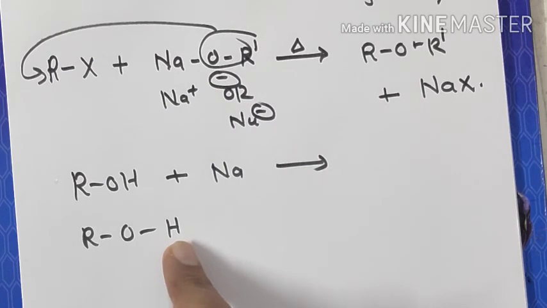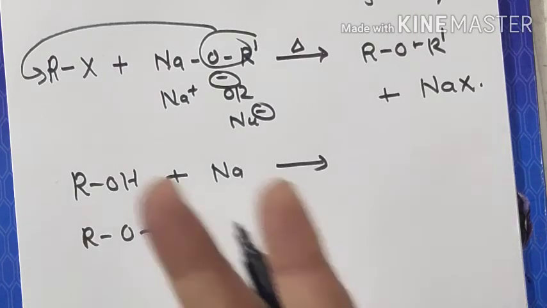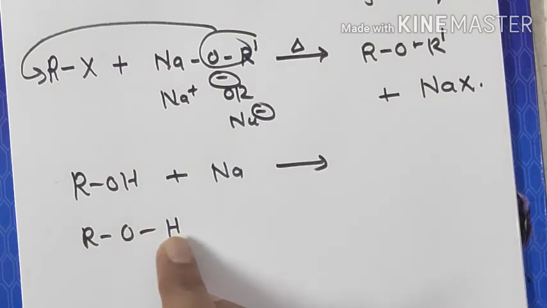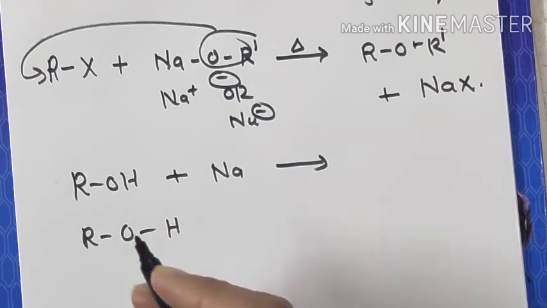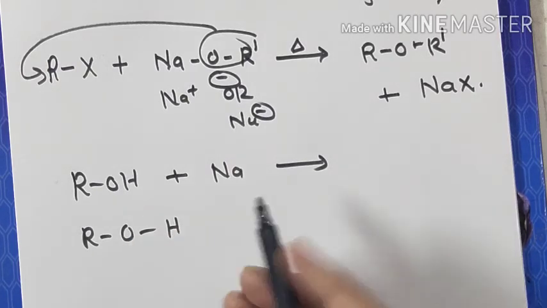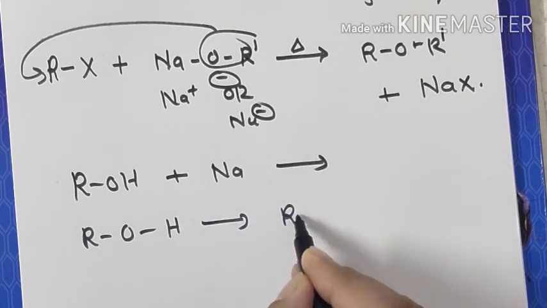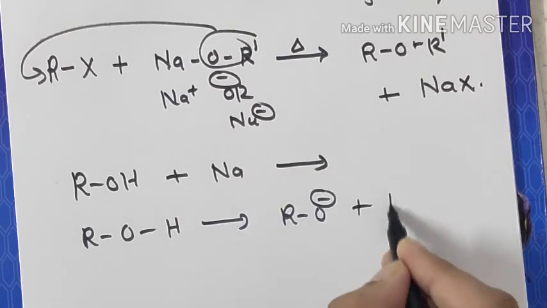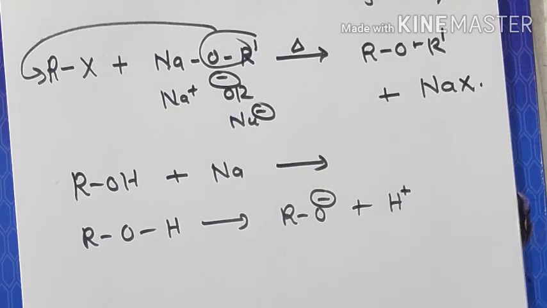Acidic hydrogen is that hydrogen which is attached to an electronegative atom, like oxygen, fluorine, or nitrogen also. Acidic hydrogen has a tendency to come out as H plus, giving RO minus plus H plus.